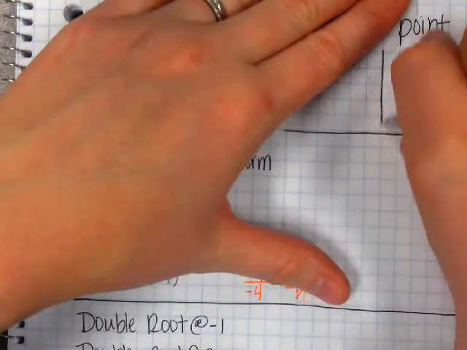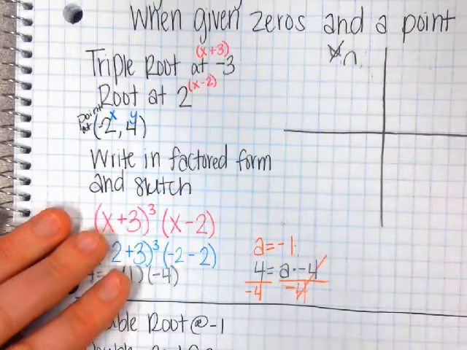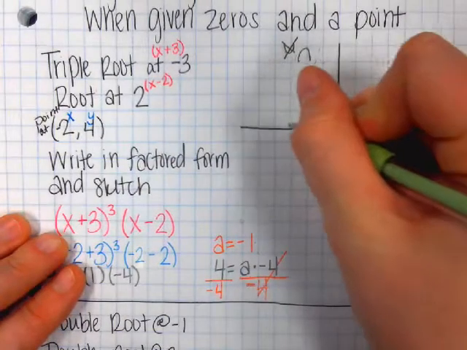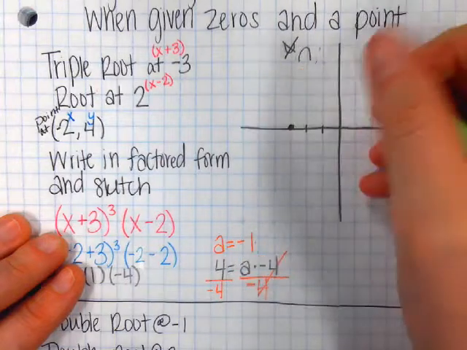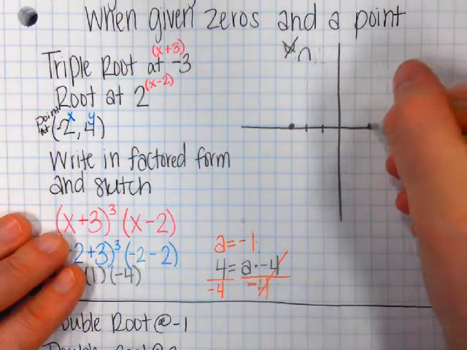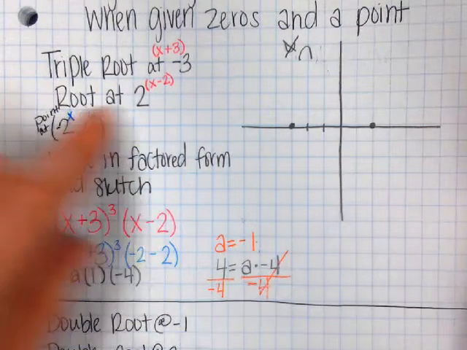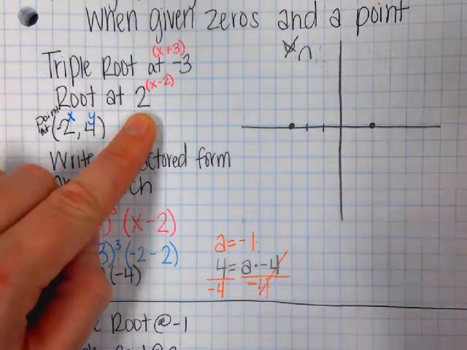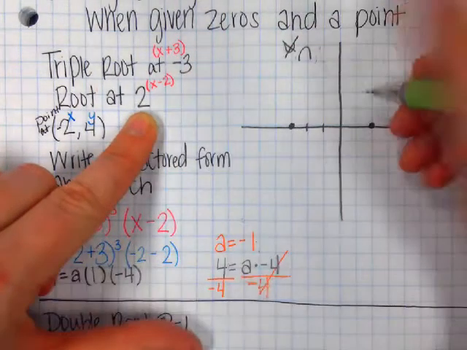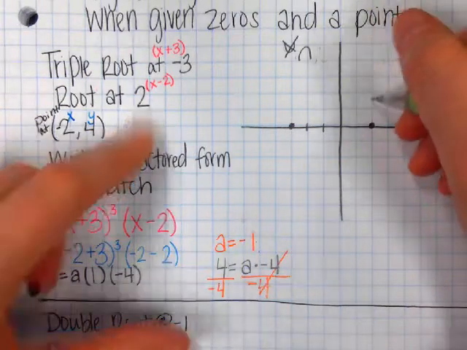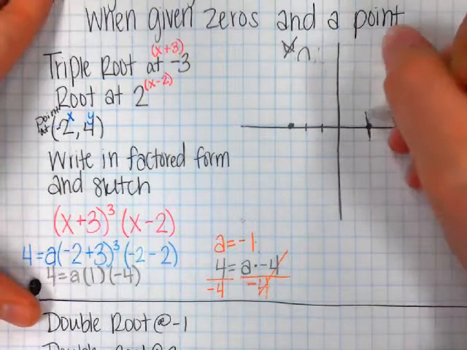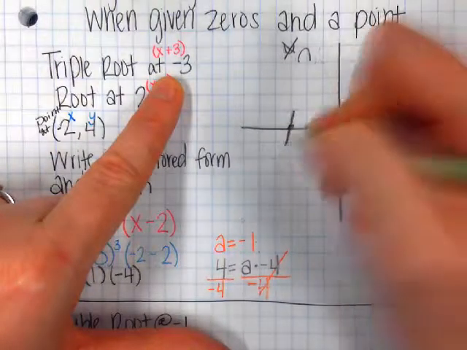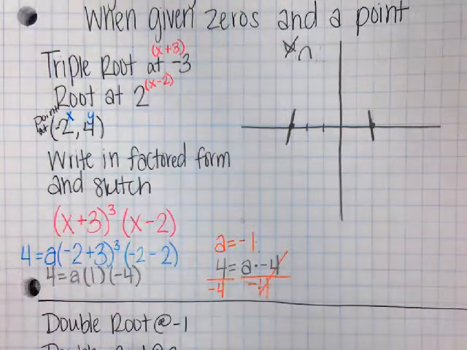So now it says to sketch it. There's a triple root at -3 and a single root at 2. Since the root at 2 is a single, or an odd number of root, it's going to go straight through. This is a triple root, so that's also odd, so it's going to go straight through.